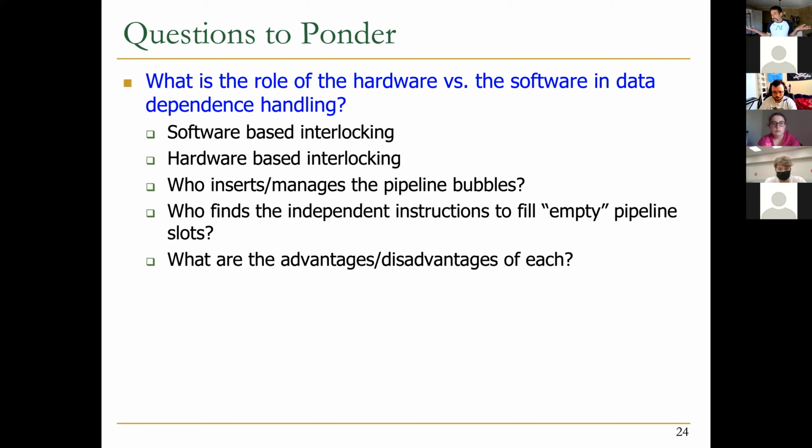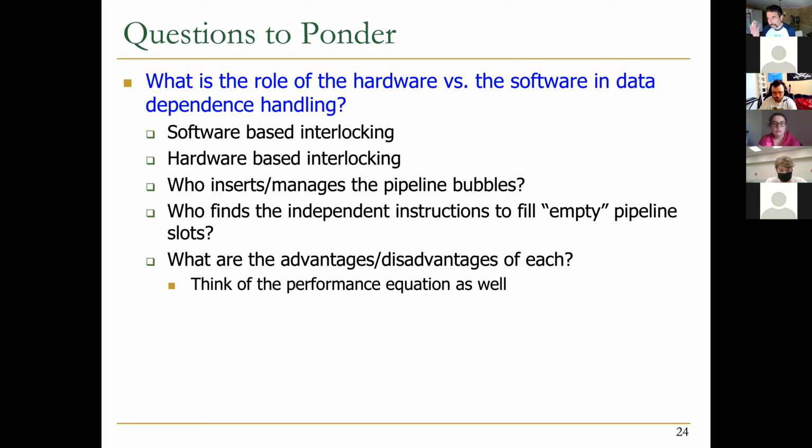And when we have various solutions for doing something, obviously there would again be some advantages and disadvantages that we should understand. One way of thinking about it is to think about the performance equation. For example, in software, if we insert a no-op, obviously we change the number of instructions.